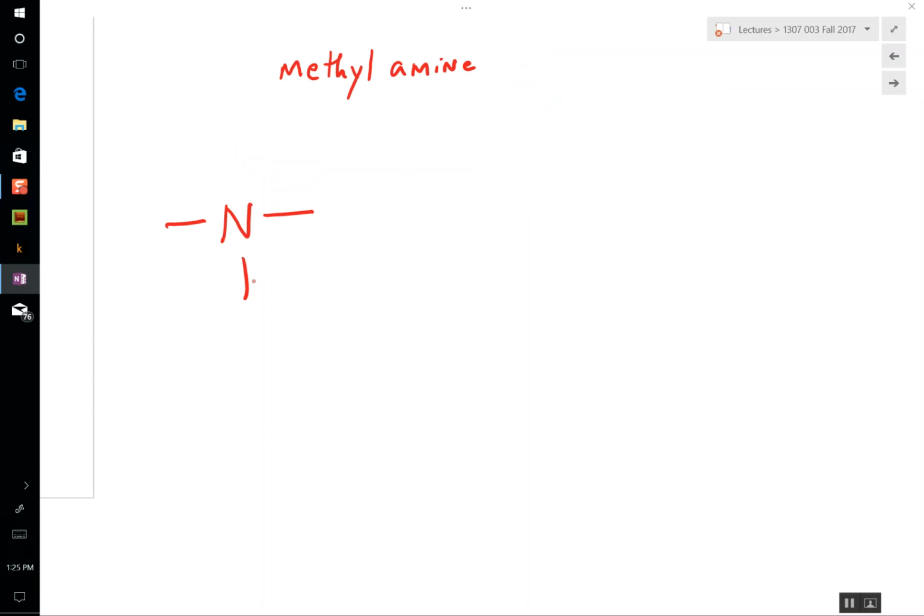The name is methylamine, so let's put a methyl group on here. It only mentions one methyl group. So what are the other two positions going to be taken up by? Hydrogens. So what I want to help you figure out here is how to write the structure, for example, of methylamine. There it is.